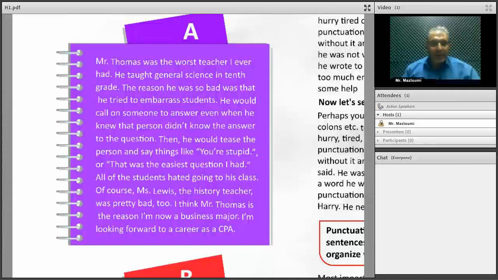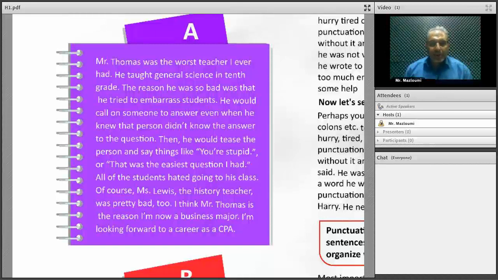I think Mr. Thomas is the reason I'm now a business major. Okay, I'm a business major. You know, major here means a person who has studied a subject. So when the writer says I'm a business major, it means they have a degree in business. For example, everyone, I'm an English major. It means I majored in English. I graduated and I got a degree in English.